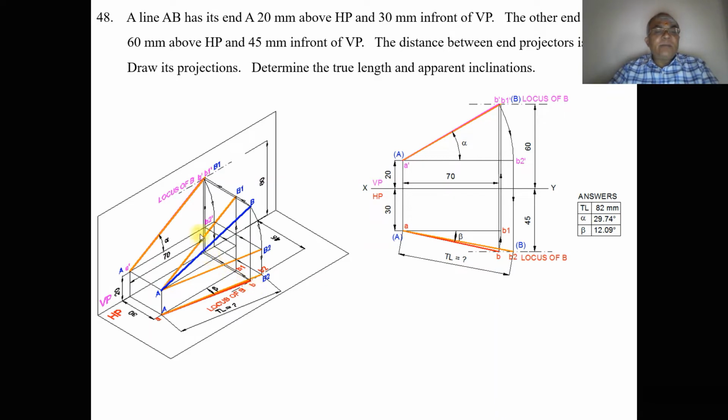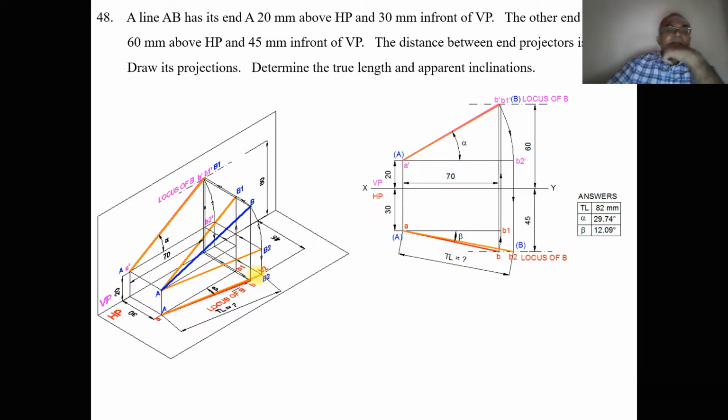Both these end projectors of B cut the locus of B in the front view and the locus of B in the top view. So you get small b and B dash. We have got A dash, B dash and we have got AB. Join A dash B dash and AB both with a dark line. So we have the front view and the top view.